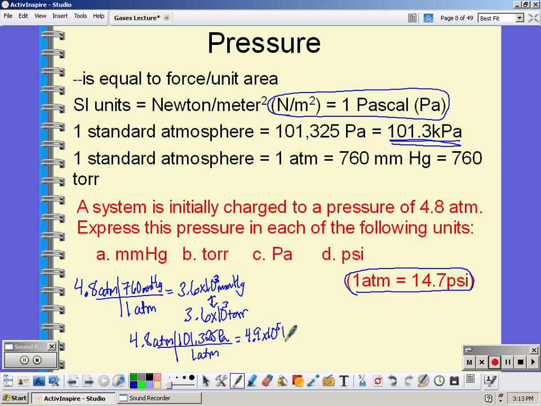So if we wanted to convert that into kilopascals, we would take off times 10 to the 3rd, and we would have 4.9 times 10 to the 2nd kilopascals, which is a little bit more reasonable of a number. And then finally, if we want to convert to PSI, we take our ATM. Using our conversion, we know that 1 atmosphere is 14.7 pounds per square inch, and so we have 71 PSI.